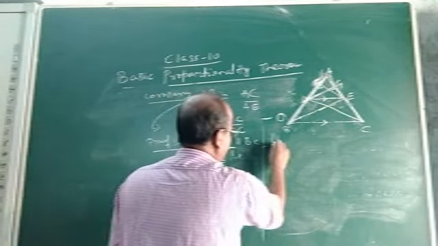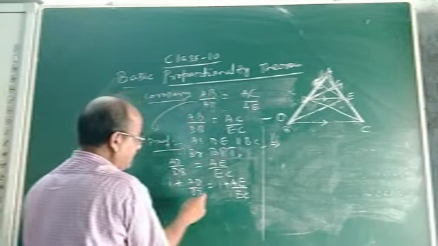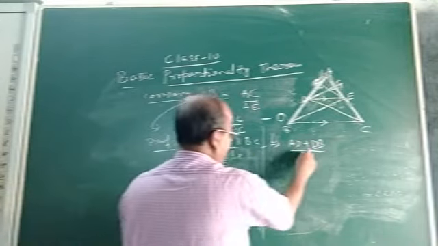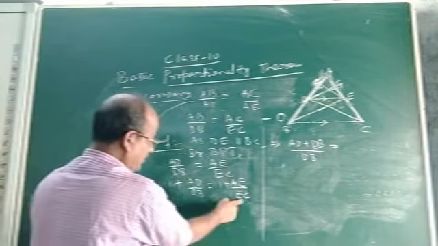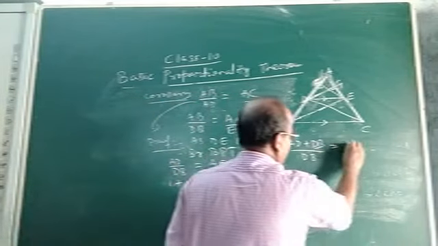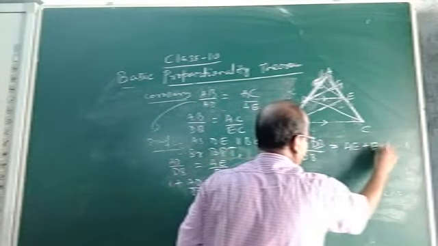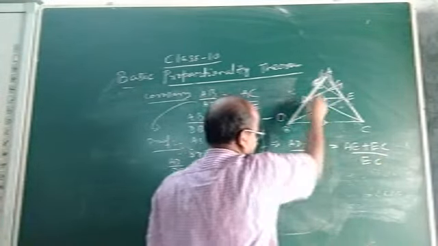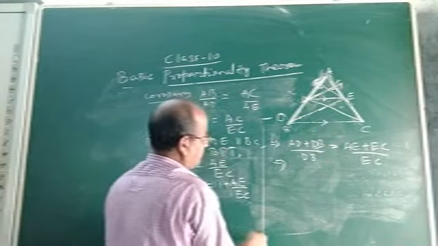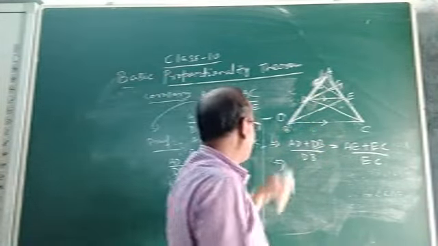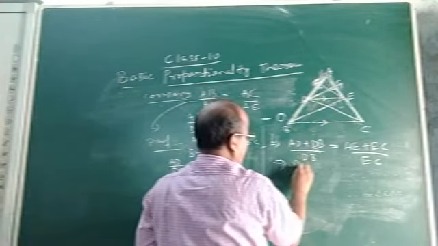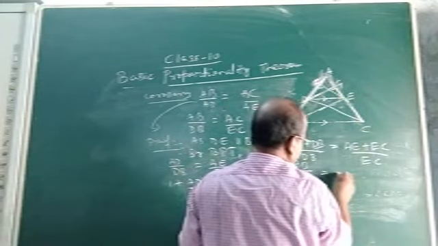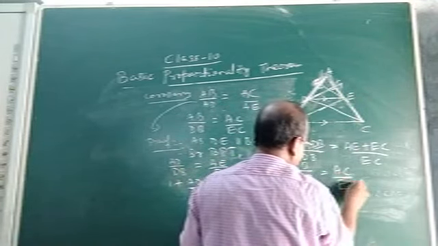If you take the LCM, this will be AD plus DB divided by DB, and this will be AE plus EC divided by EC. Now AD plus DB gives you AB, so AB by DB, and AE plus EC gives you AC by EC.